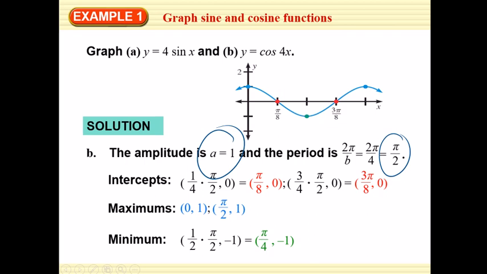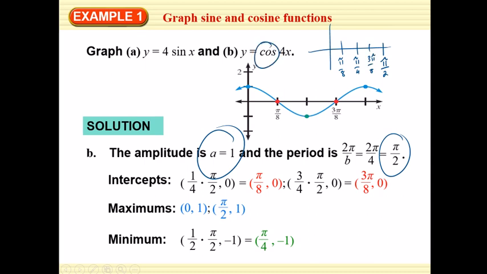So if I were to draw this out, I would have pi over 2 here, and I would have divided that in 4. So that's going to be pi over 4, pi over 8, and then 3 pi over 8.